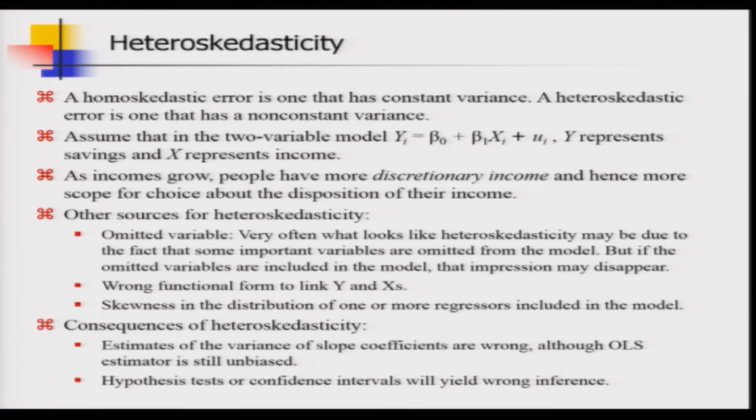So let me start with the same story that we have discussed at the very beginning of part 2 of this course, which is econometrics. So do you remember how I started talking about OLS estimation in the context of econometrics? I actually started with a story that consumption of households is going to be a linear function of income.